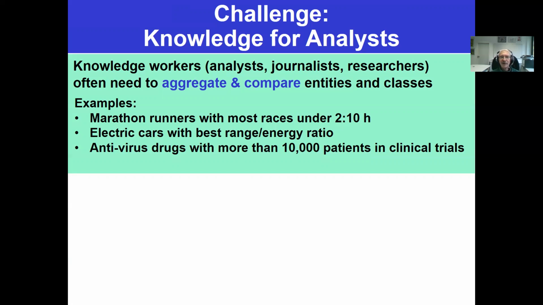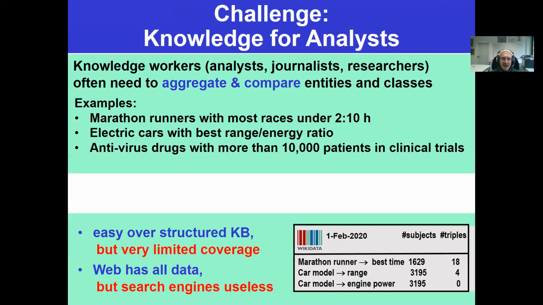Examples: marathon runners with the most races under 2 hours, 10 minutes; electric cars with the best range to energy ratio; antiviral drugs with more than 10,000 patients in clinical trials. These are tough. They would be easy if we already had the right contents in a structured knowledge base.